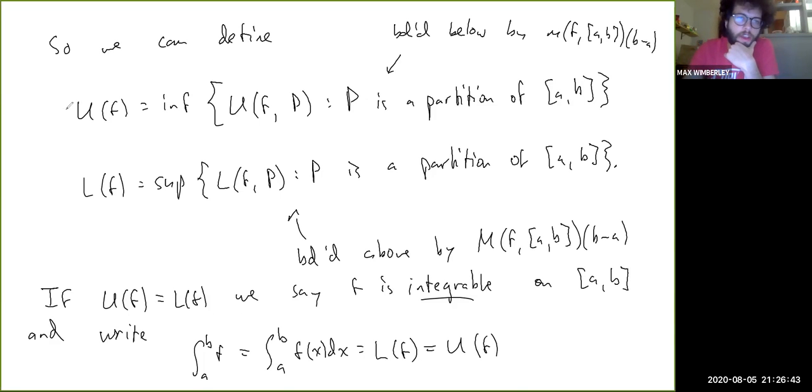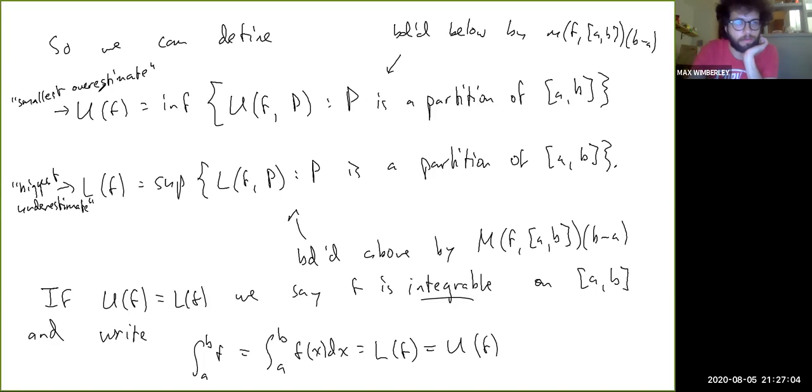So you can think of U of f as the smallest overestimate, in a weak sense, and L of f as the biggest underestimate.